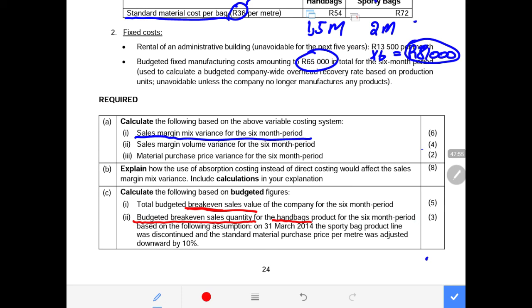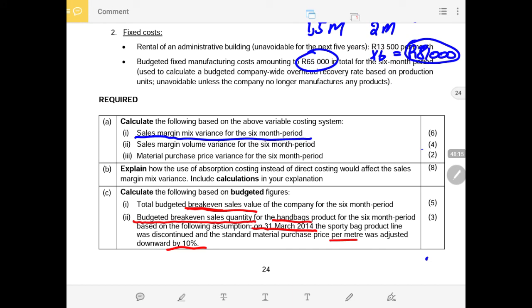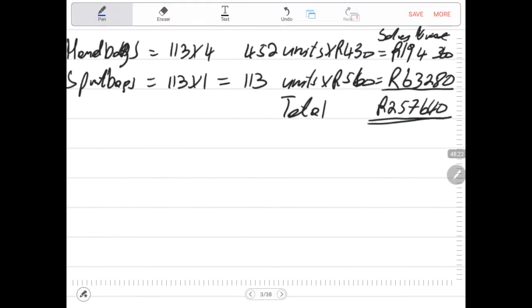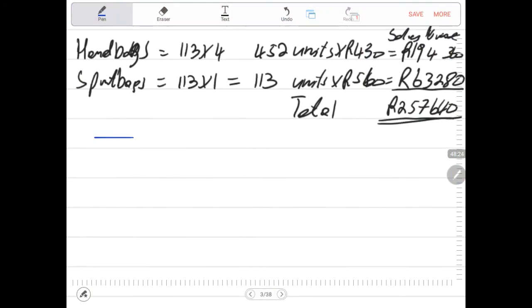Once again, this is based on the following assumption: by the end of March 2014, the sport bag product line was discontinued and the standard material purchase price per meter was adjusted by 10%. So the material cost per meter decreased by 10%. That is one thing we need to adjust in our contribution. So let us do our adjustment to our contribution for the handbag only.